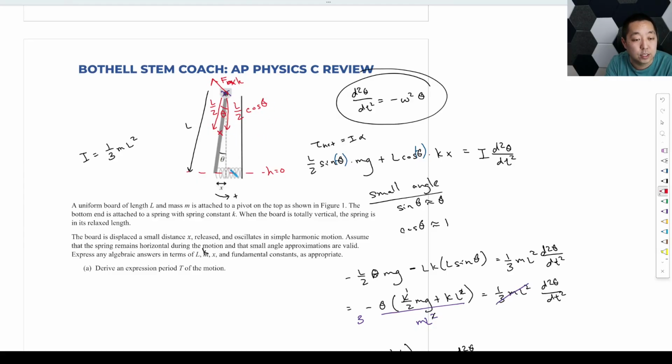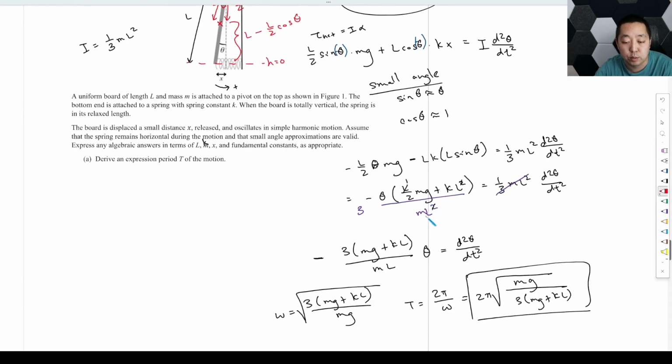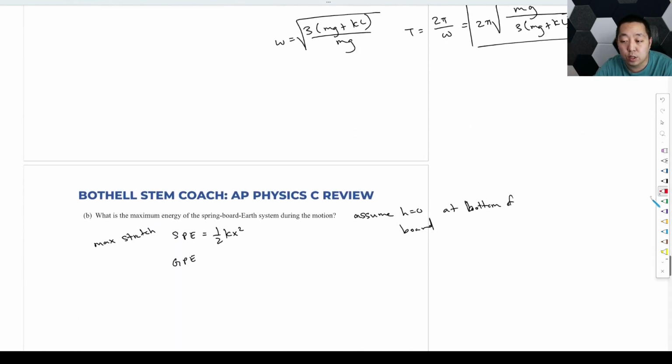And then this whole distance is L. So this distance here is L minus L over 2 cosine theta. That would be the gravitational potential energy part. And so we can say this is going to be mg times (L minus L over 2 cosine theta).